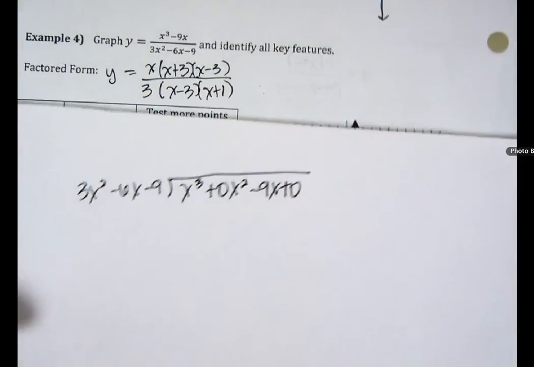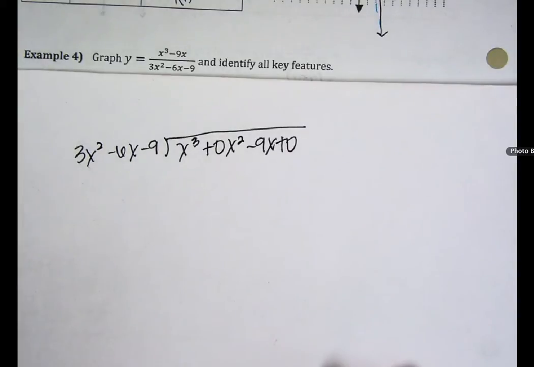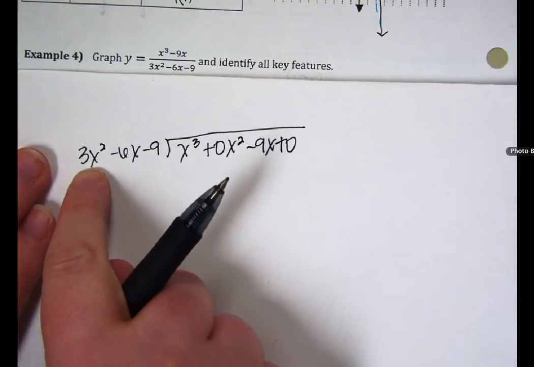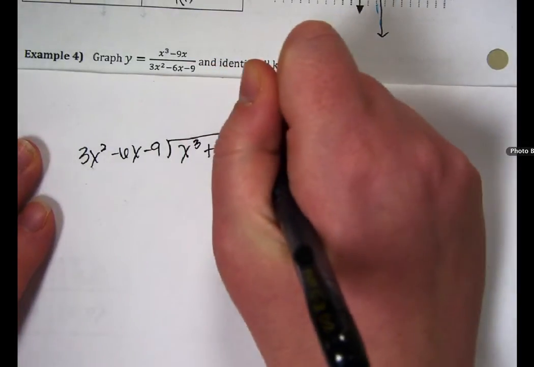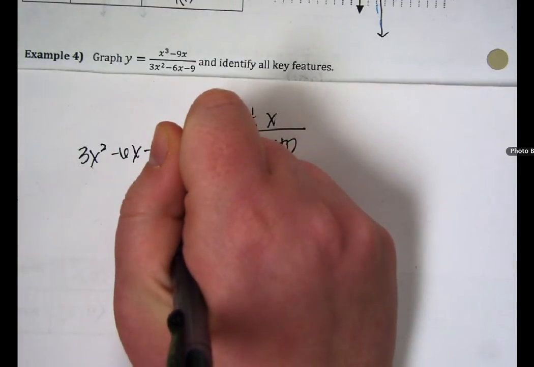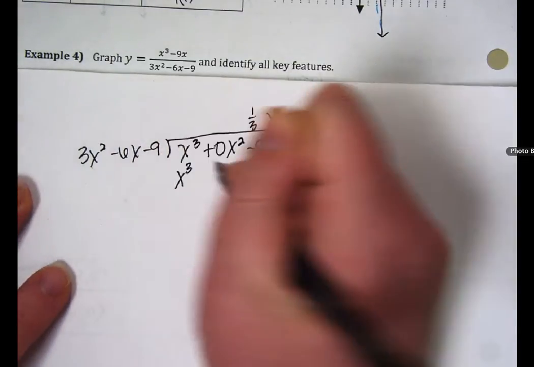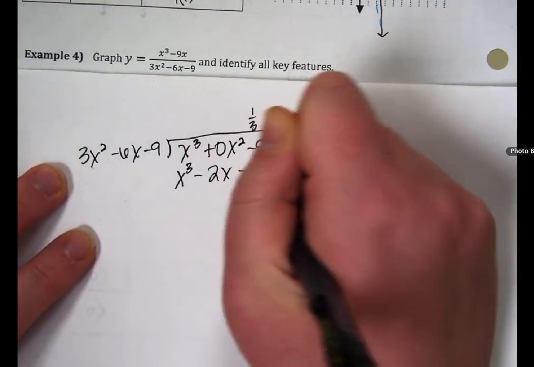So don't forget those placeholders. Okay, so 3x squared times what gets us x cubed? 1/3 x. And so at that point we'll get x cubed minus 2x minus 3.